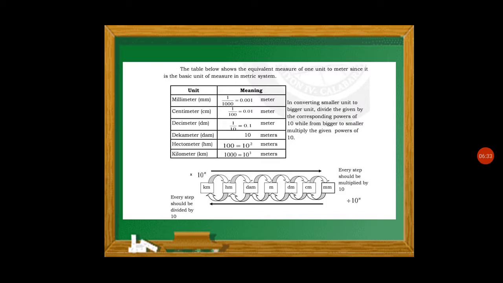That would mean you are going to divide the given decimeter by 4 steps, or 10 raised to the 4th power, so you could have the value of hm, or the hectometer.